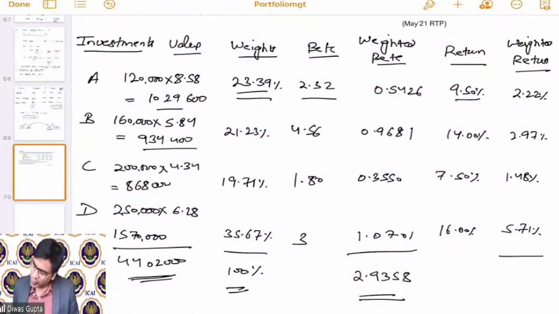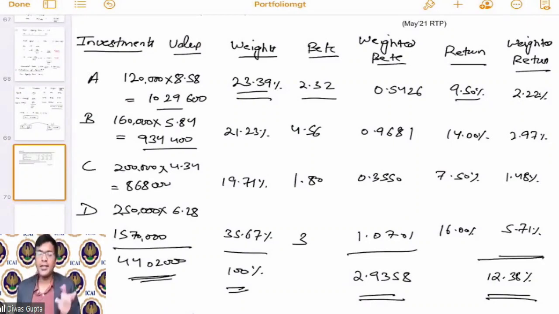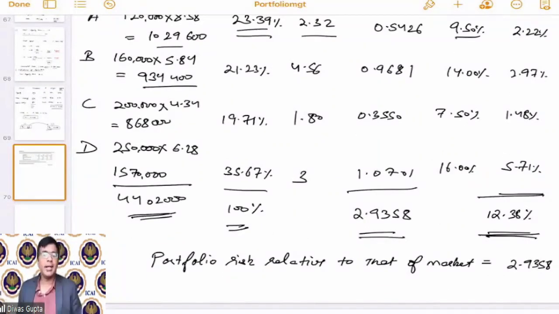So the total here is 12.38%. Now for the overall portfolio, we should expect a weighted average return of 12.38 with a beta of 2.9358.